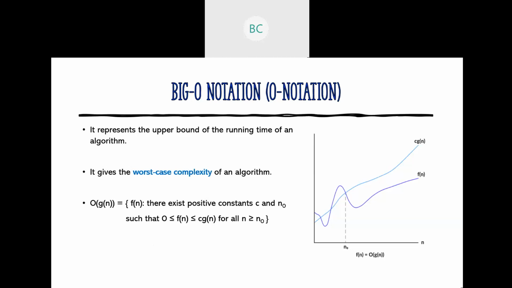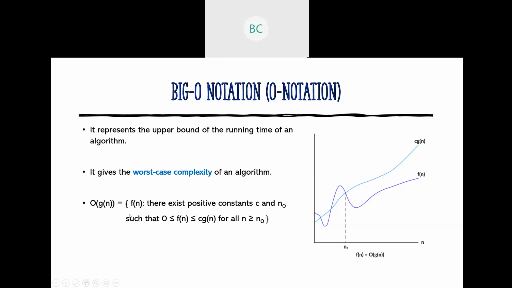So why worst case? Because it calculates the maximum time taken by any input size. Therefore, we always consider the worst case complexity. So big O notation calculates the worst case.